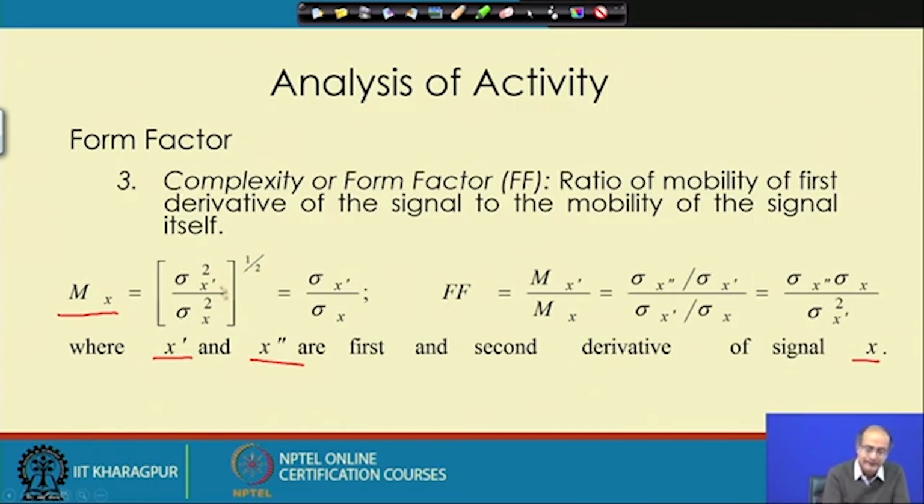So, taking the ratio of that activity and then the square root of that, we get the mobility of that signal, which is nothing but the ratio of the standard deviation of the derivative signal and the original signal. And then the form factor is actually the ratio of the mobilities of the first derivative of the signal and the original signal mobility.